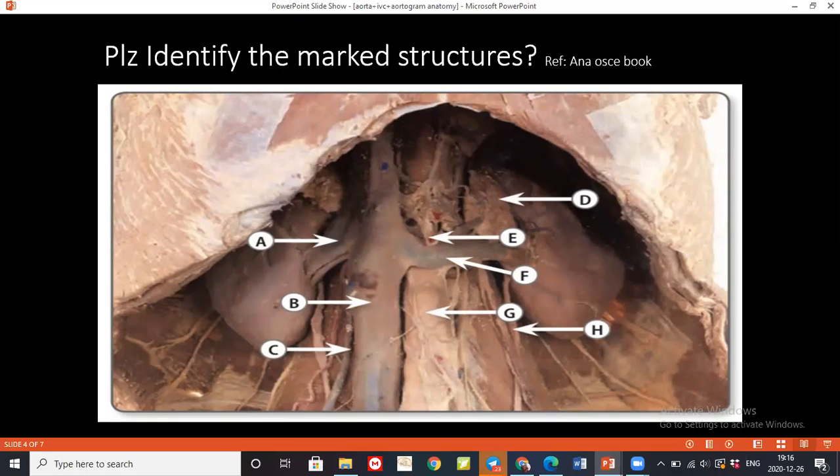Dr. Mohammed, can you please identify the structures? What is A? Hello? Can anyone else? Yes, please.